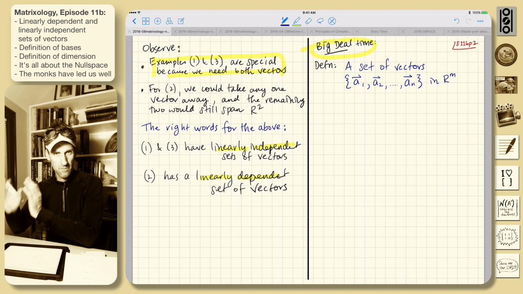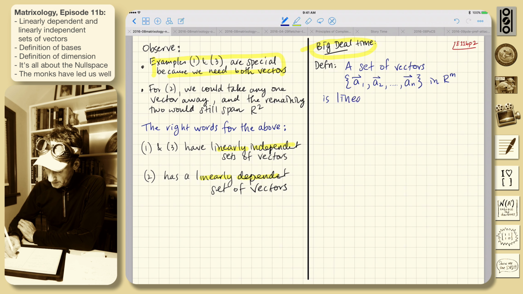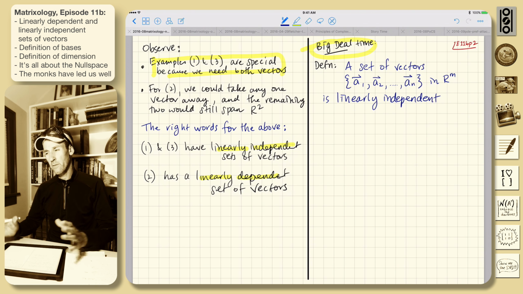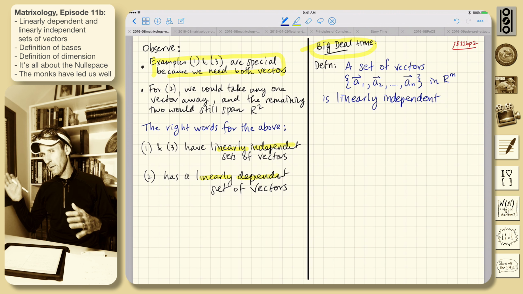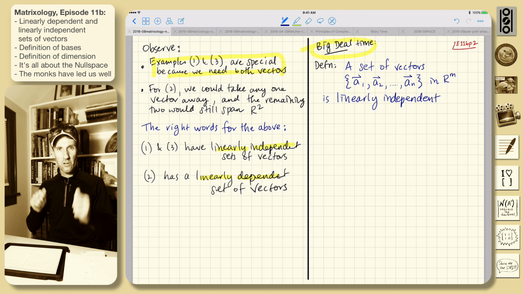So this is a definition of linearly independent. I know there could be more beautiful words, but the linear bit means that we're only ever multiplying things by real numbers, and we're only ever adding them together. There's no squaring or doing weird things.